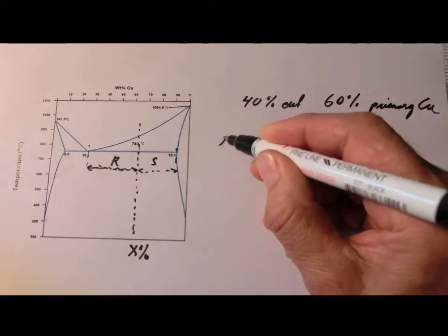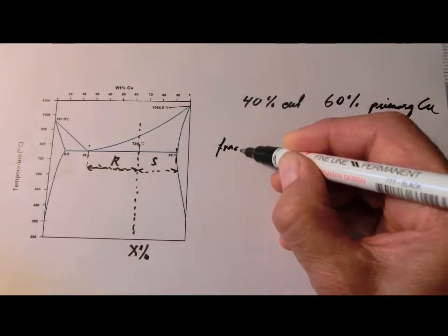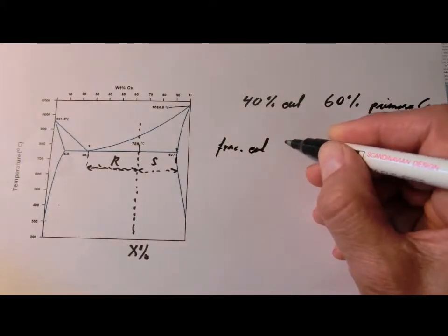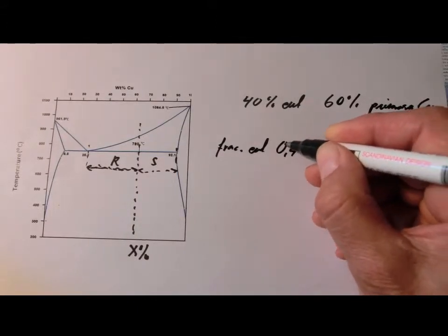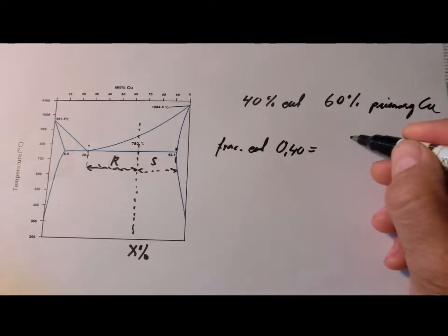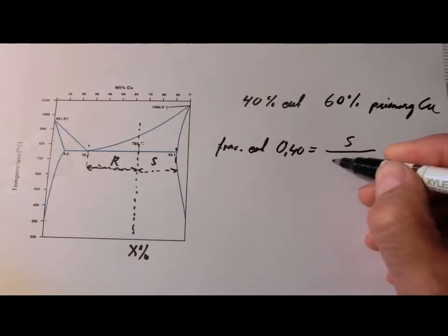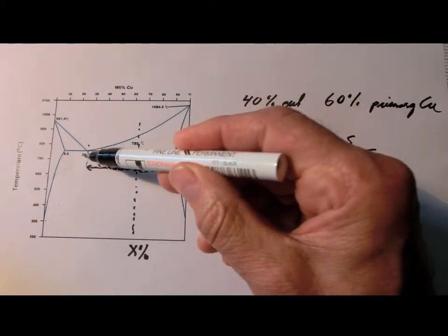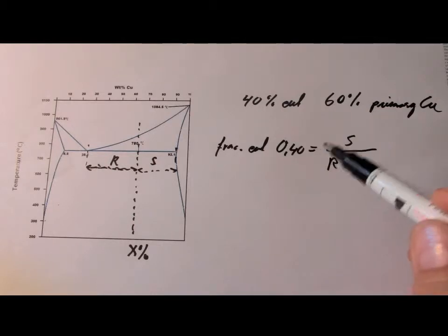So we know now that we have a fraction of eutectic, which is 40%, or 0.4 as a fraction. And that will be equal to the distance S divided by the whole distance R plus S. So that distance relative to that distance gives us the fraction eutectic.